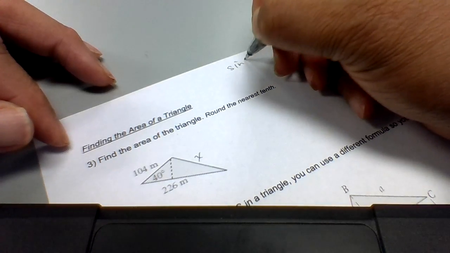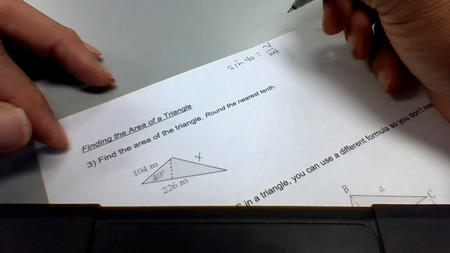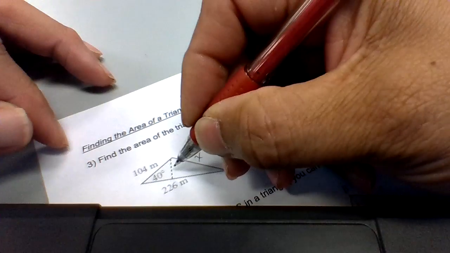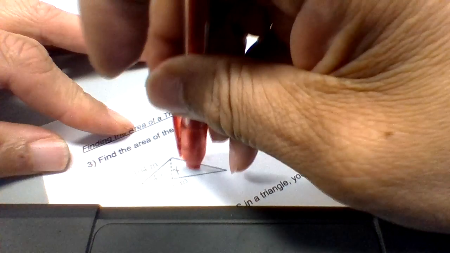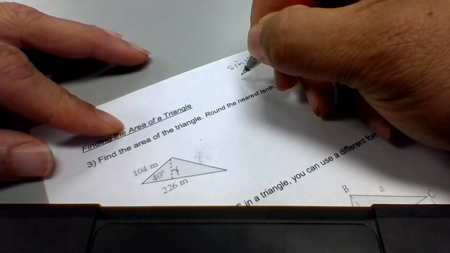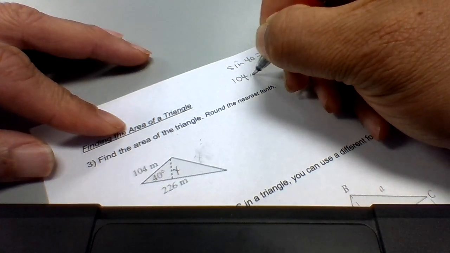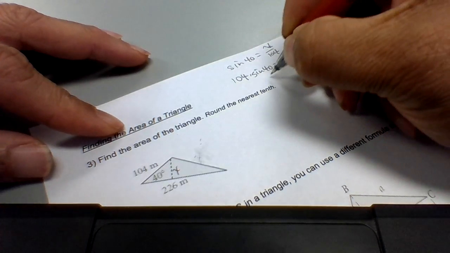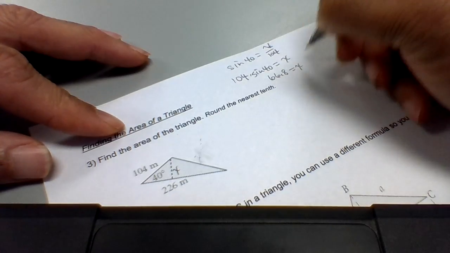So the sine of 40 is equal to x over 104. And so if the x is up high, then you multiply. So 104 times the sine of 40 is equal to x. So 66.8 is equal to x.